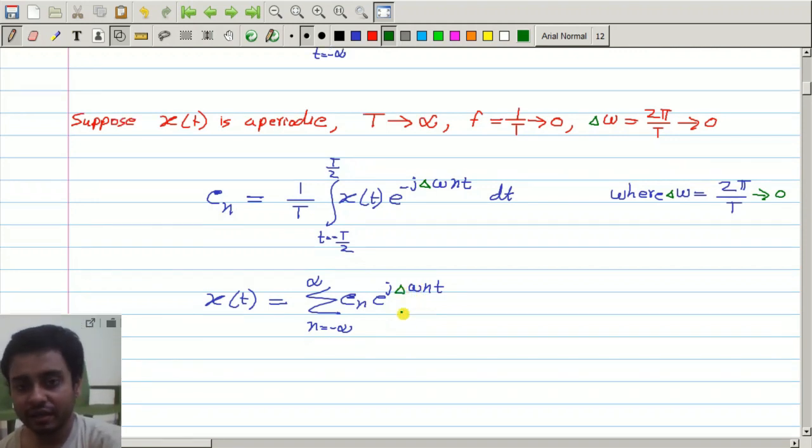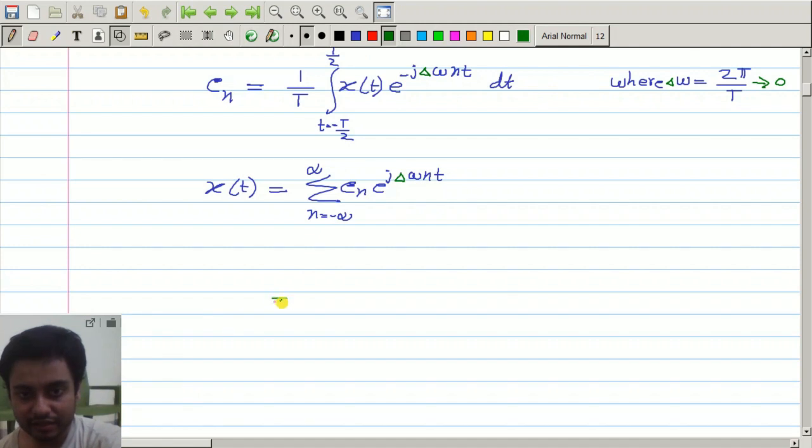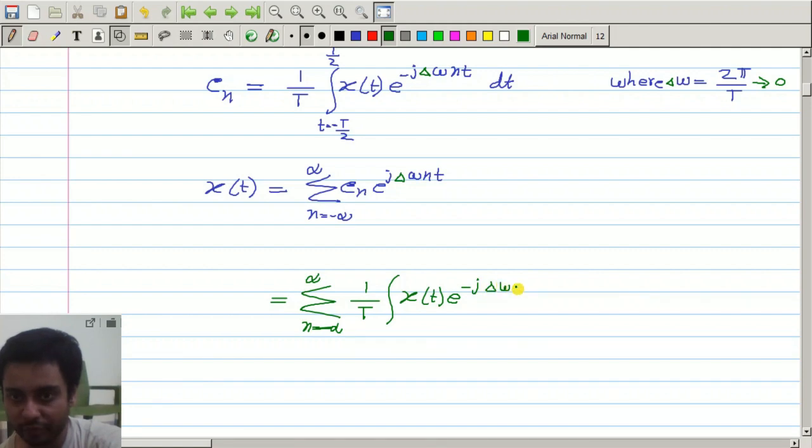Okay, then let me put the expression for Cn from here in this equation. So I will write the sum over n equal to minus infinity to plus infinity. In place of Cn, I shall put this expression: 1 over T integration of x(t) e to the power minus j delta omega n t dt, t running from minus T by 2 to plus T by 2, one complete cycle, and this is Cn.